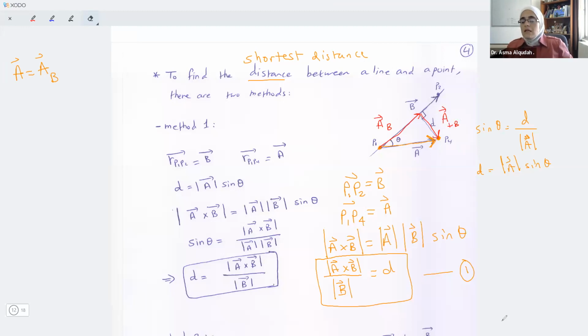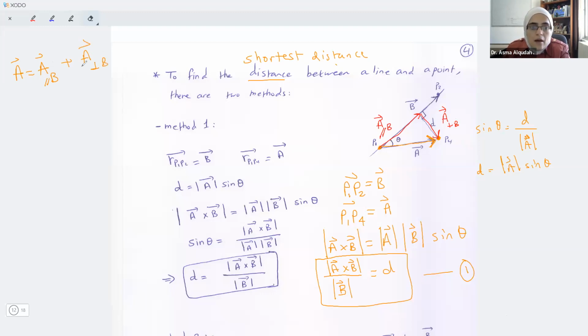Okay, so any vector could be analyzed into the summation of its components. One component is the component that's parallel to B, plus the component that's perpendicular to B. So we can say here that A is equal to the component that's parallel to B plus the component that is perpendicular to B. Okay.